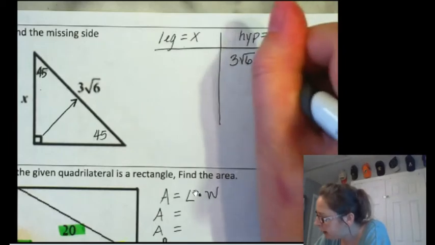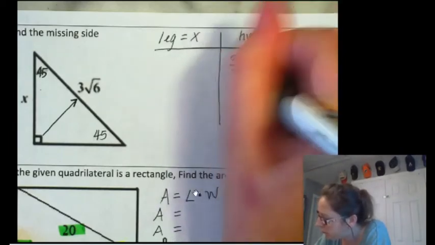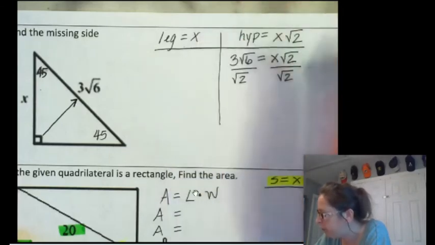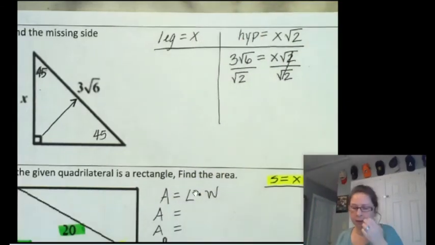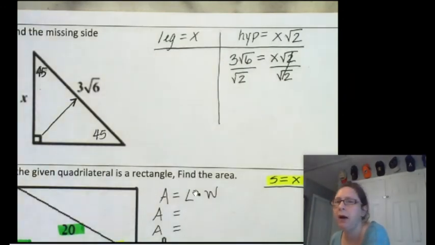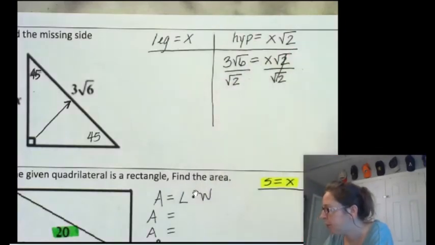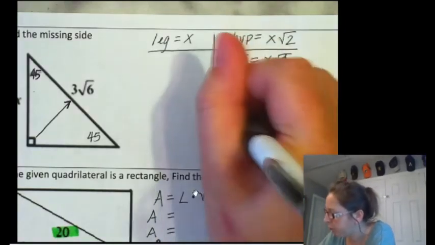So let's divide both of these by the square root of 2. And this is going to take just a little bit of work for me to simplify, okay? So I do want to multiply the top and the bottom by the square root of 2.